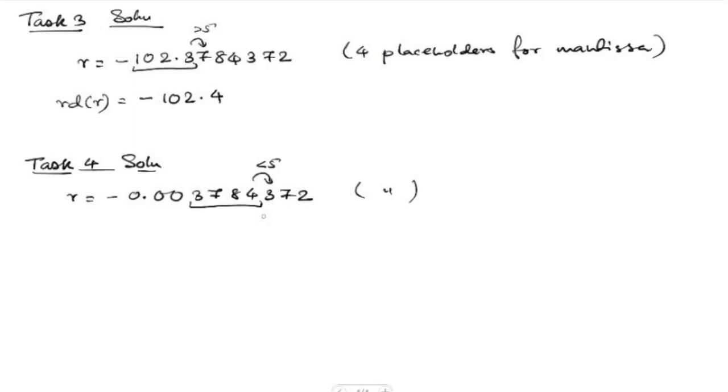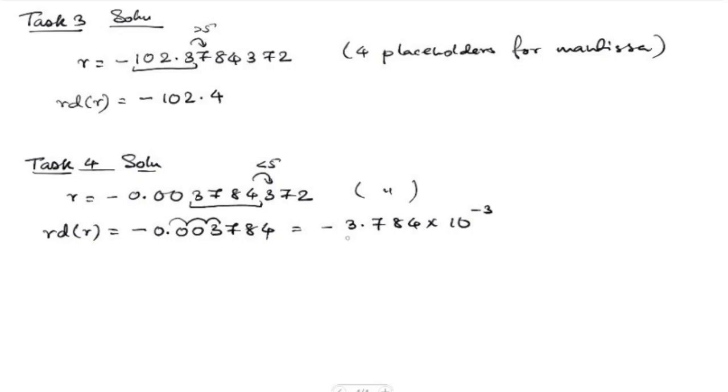So in that case, we'll not add 1 to the 4, and our rounded value of r will be minus 0.003784, or you can more precisely say it's minus 3.784 times 10 to the power minus 3, as I shifted the decimal 3 steps that side.